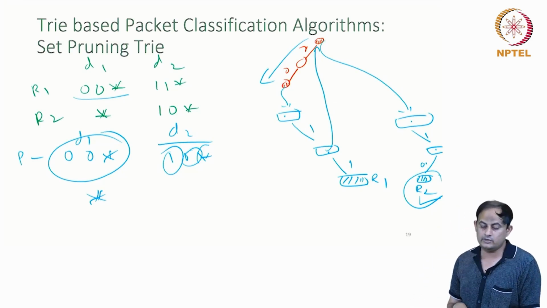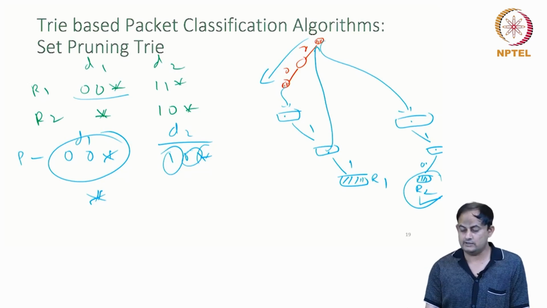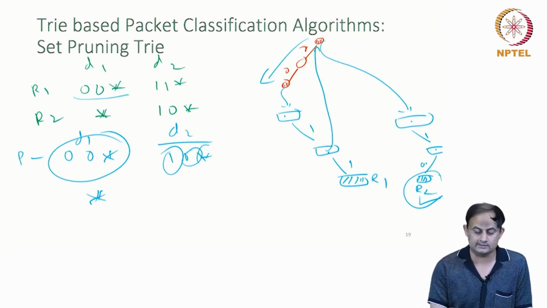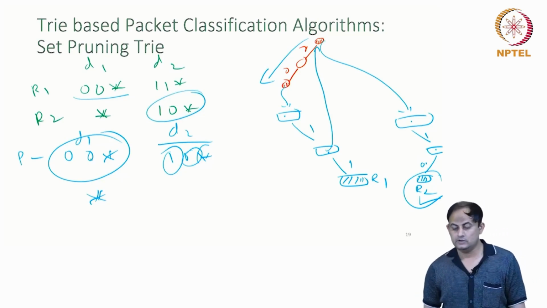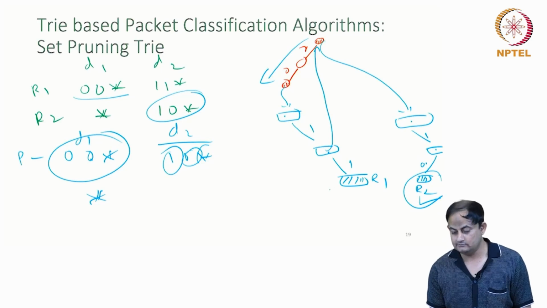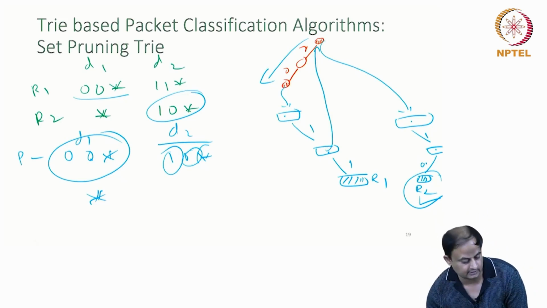What I want to do is take these rule sets, and 10 star is another possibility that is applicable when 00 star is also a prefix. So I take that combination and add the corresponding nodes to this in itself. Let me highlight that with a different color.